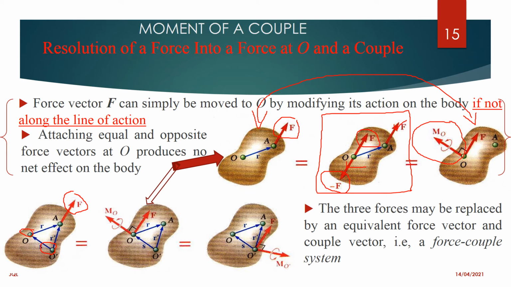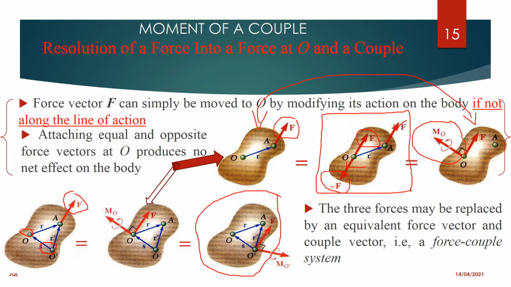This also applies with changing your force from A to O prime. You are going to have the same force, but you would have introduced a couple moment. That's what it means. So the three forces may be replaced by an equivalent force vector and couple vector.